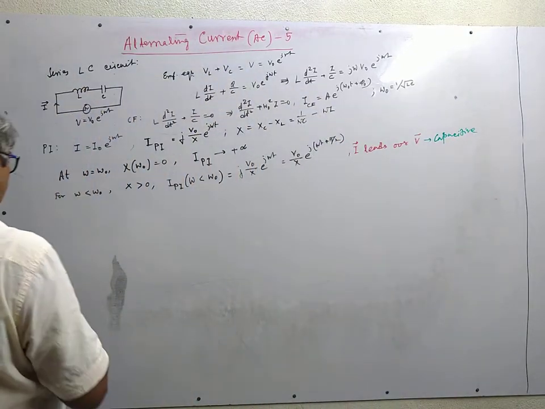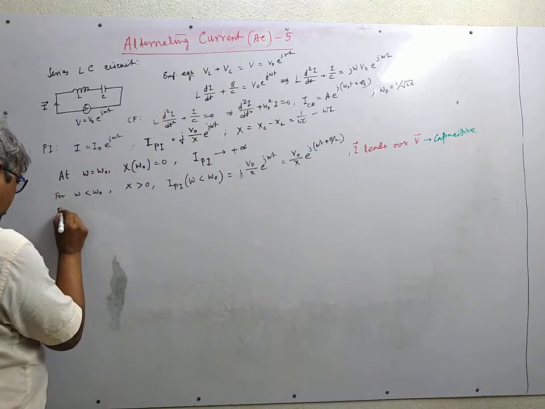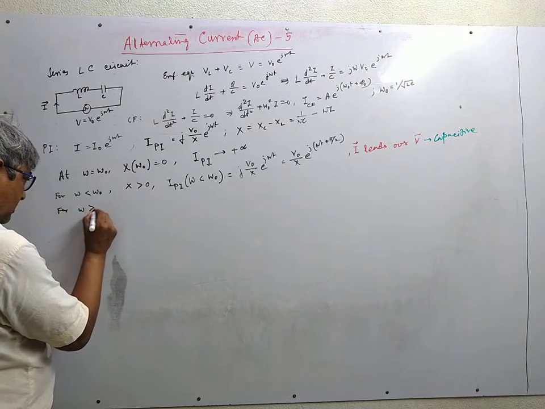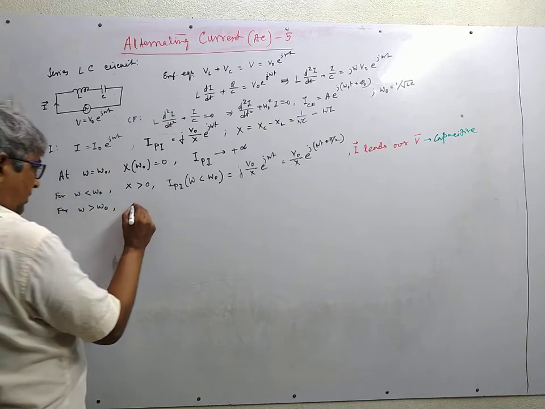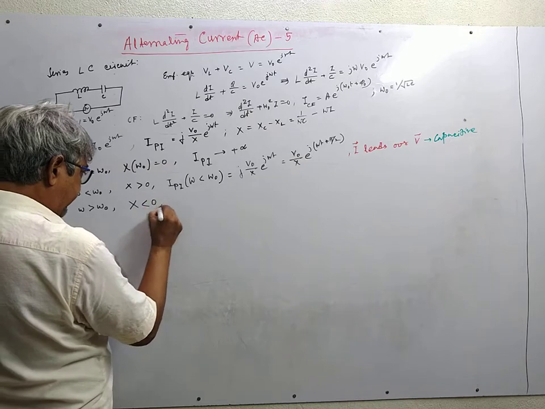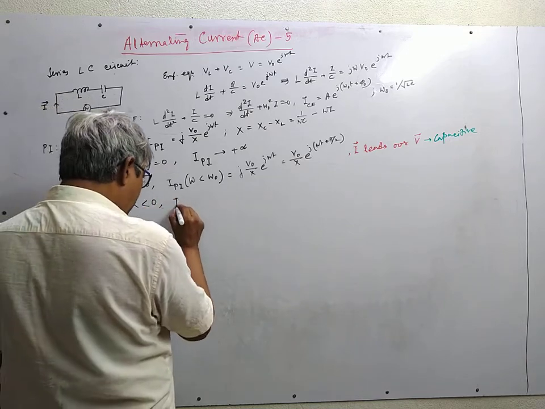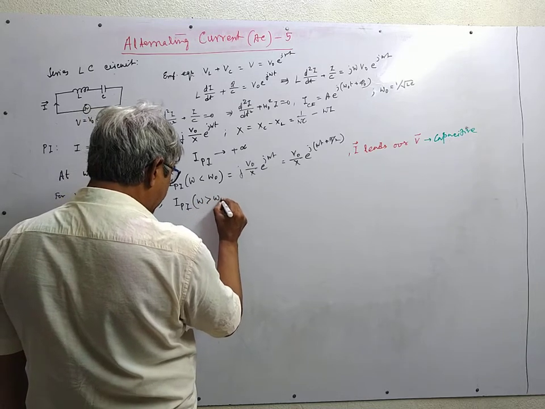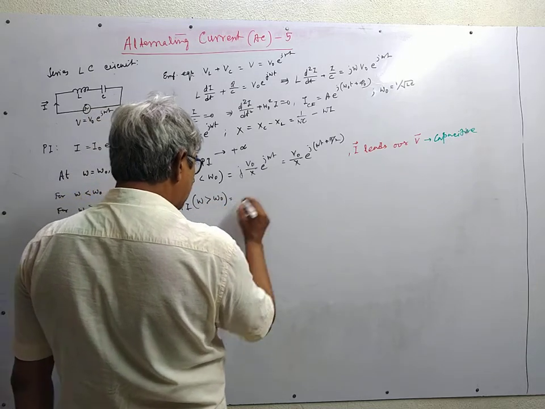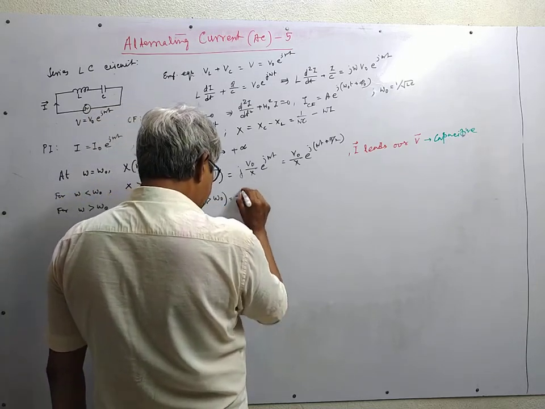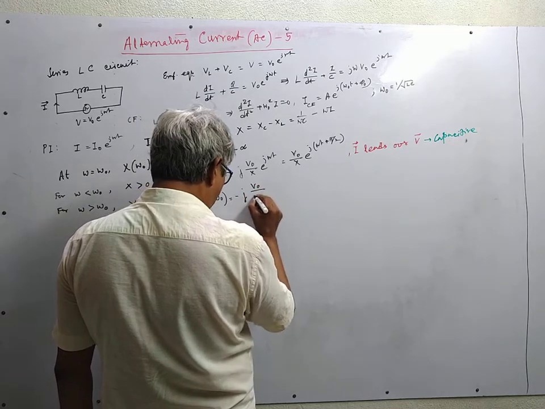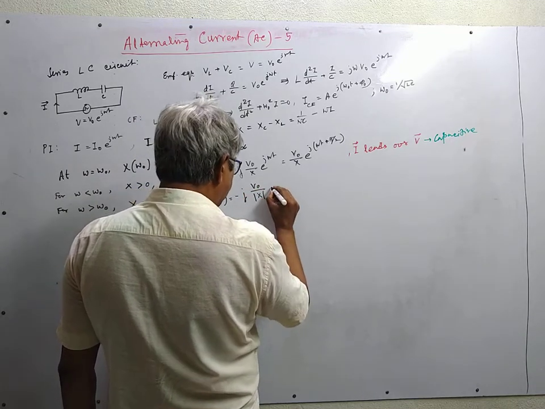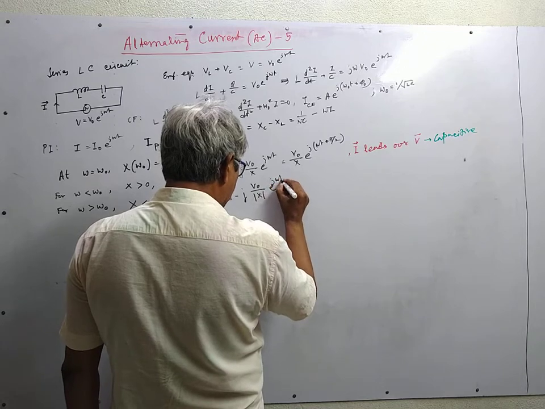And for omega greater than omega 0, X is negative, so we write IPI for omega greater than omega 0 is equal to minus j V0 by mod X e to the power j omega t.